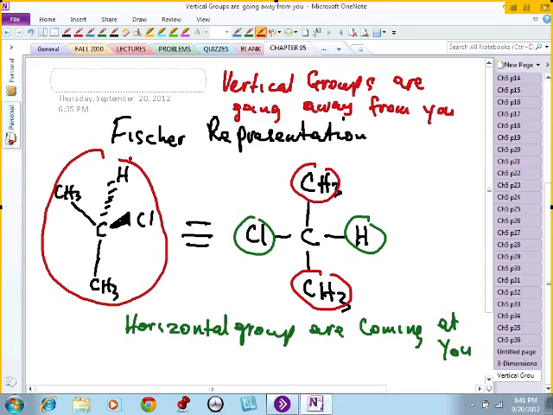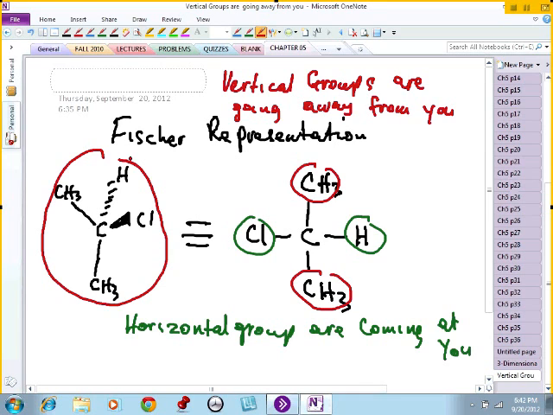In this case, the chlorine is coming at you and the hydrogen is going away from you. That is a three-dimensional representation, just as we've seen here. Another way in which you can represent this molecule is using a Fisher projection.